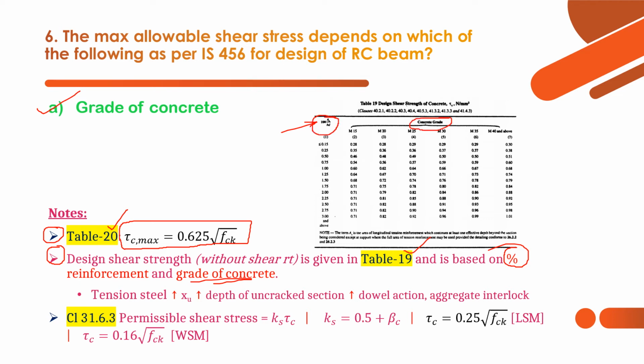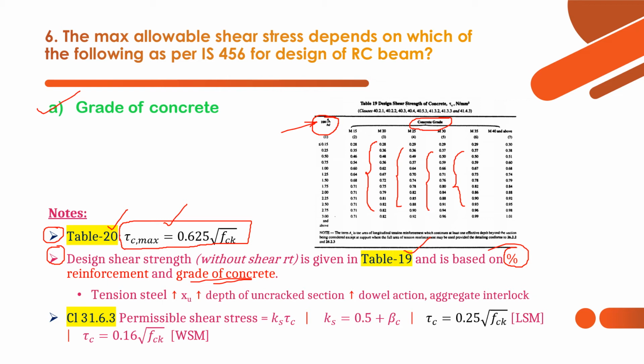By using both values we have to find the design shear strength. But maximum allowable shear stress is given in Table number 20, which is purely based only on grade of concrete, and that can be given by using the formula 0.625 root fck.